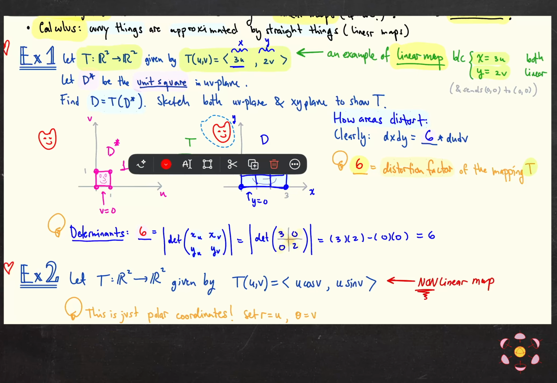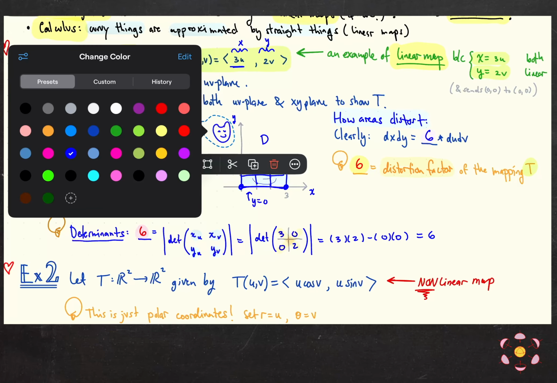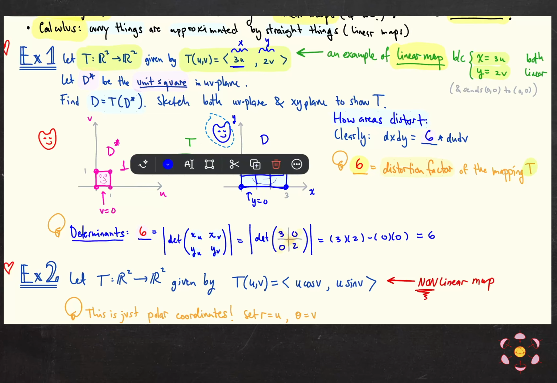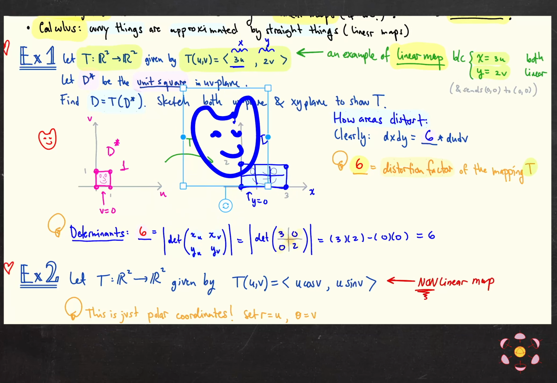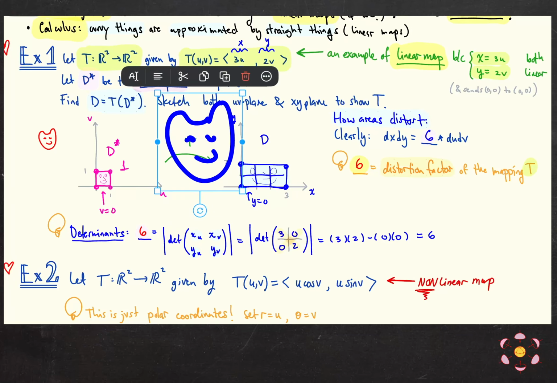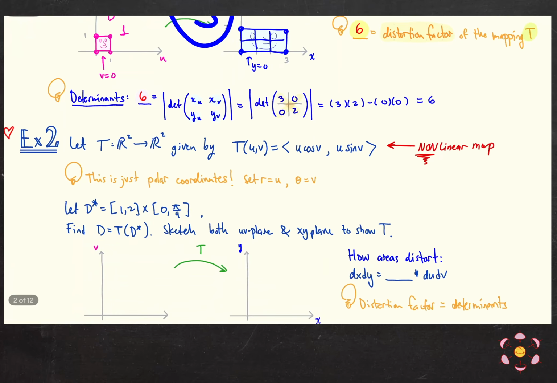Let me color it blue. Don't take this too literally, please. What I have to try to do here is resize it and make it 6 times as big. Something like that. That's working everywhere, not just for the unit square. All right, cool.